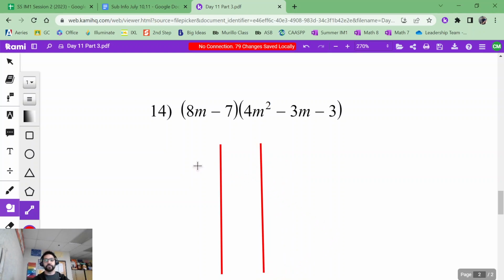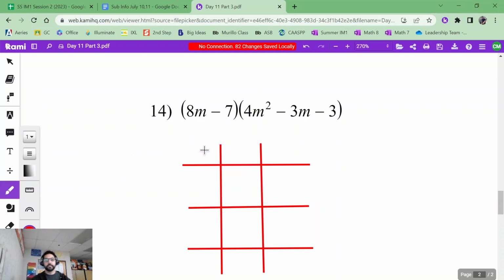So again, 2 vertical, 3 horizontal. Little dot, 8m, negative 7. Trinomial on the left, 4m squared, negative 3m, negative 3.